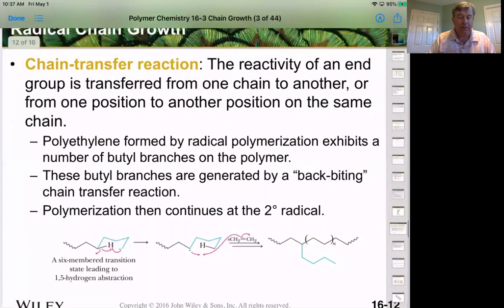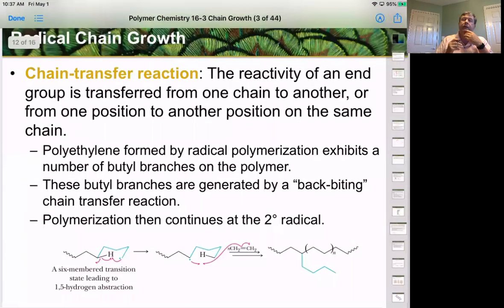So when they first started this, it's like, well, okay, if it's going head to tail, why does it have so many branch points? Okay, so what they figured out was that there was a possibility, because polyethylene has the same radical on either side, that it was coming back and biting back on itself to generate a secondary radical on the main chain. So if we look at the mechanism here, we have this growing radical right here.